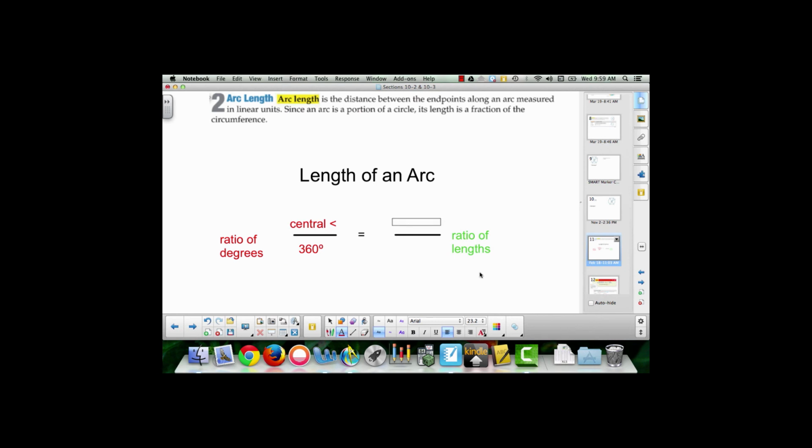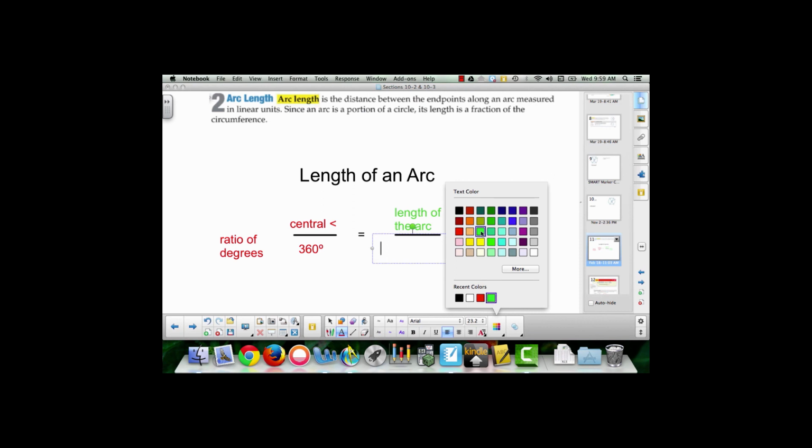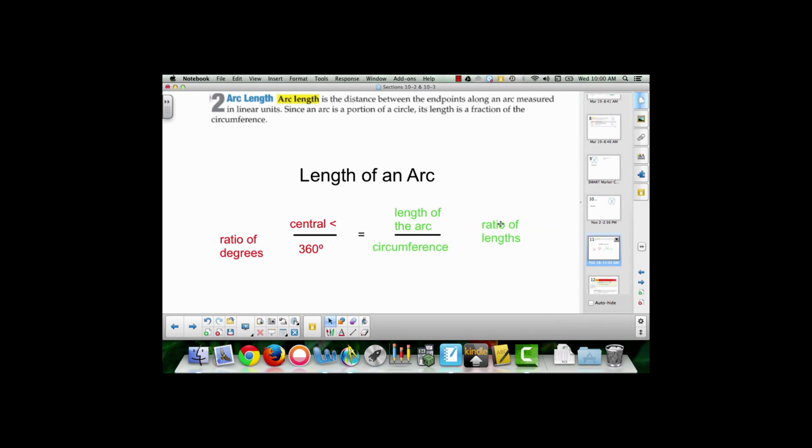For lengths, we have the length of the arc, which is the part of the circle, and then we have the length around the whole circle, which we call the circumference. We can use this proportion to solve for any missing piece. So if I know the central angle measure and I know the circumference or the radius of the circle, I can solve this proportion to figure out the length of the arc.